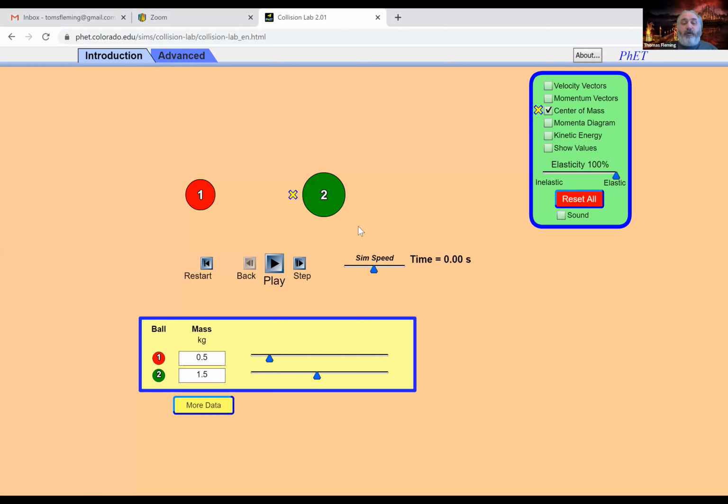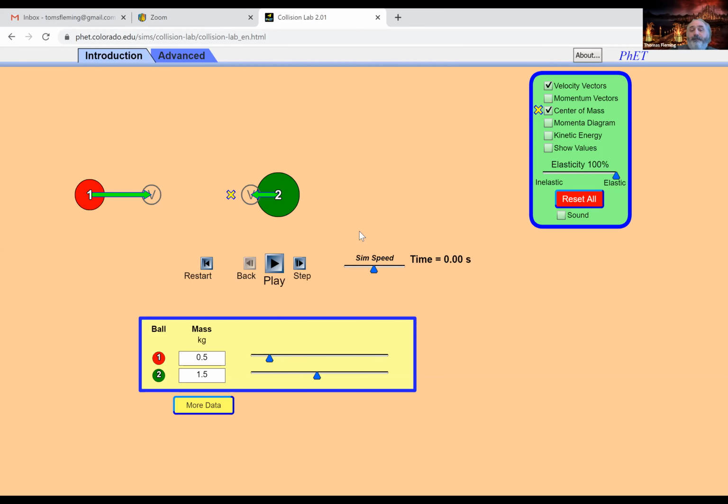So let's start off by backing these guys up. Let's give this guy a little velocity. And I don't want you to watch the two balls. What I want you to watch is that little yellow X. And I want you to watch to see how the motion of that little yellow X changes at the moment these two things collide.